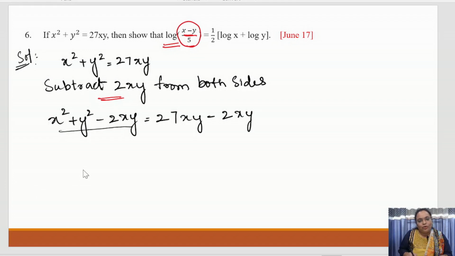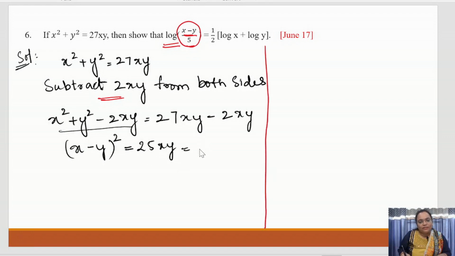Right? This is in the form of (x − y)². So (x − y)² = 25xy. So 25xy, we can write it as 5²xy. So see here in the question, we need to show log of (x − y)/5. Right?